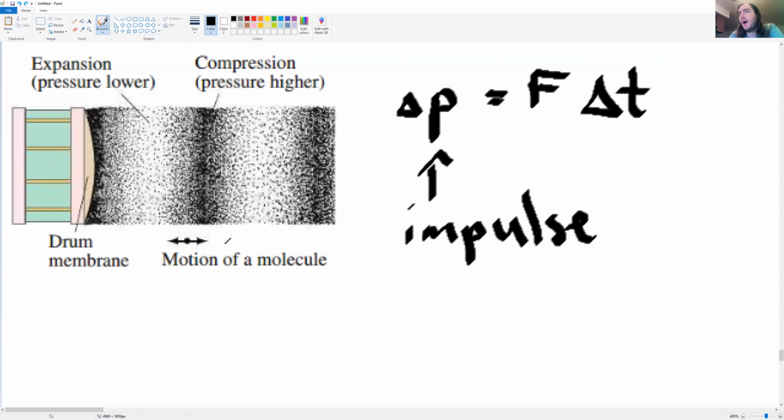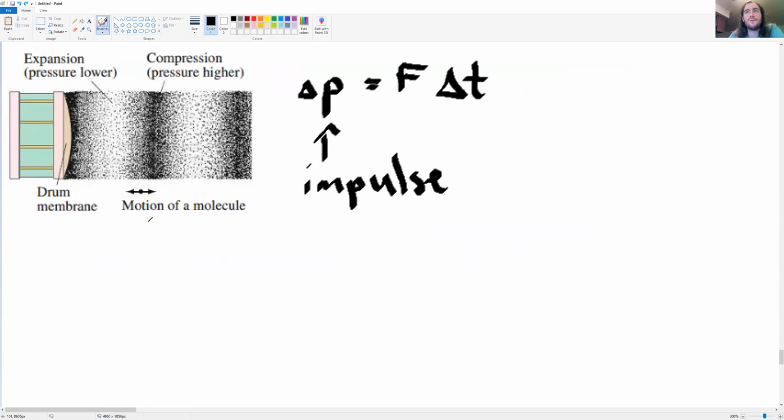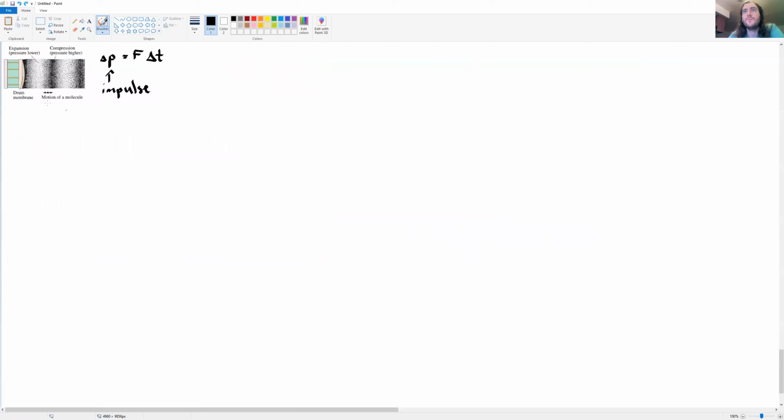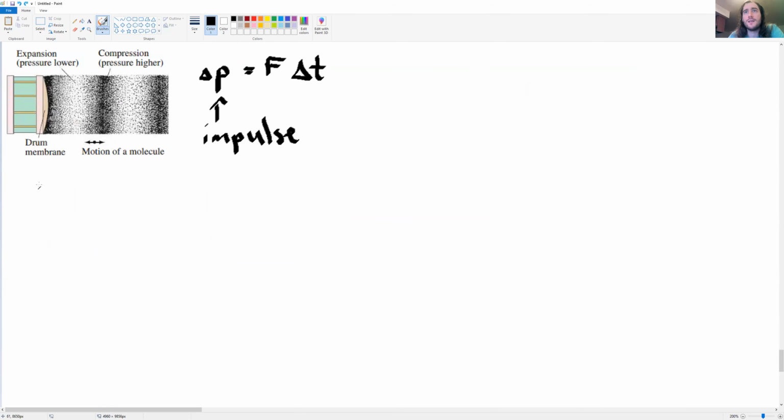We can actually plot the pressure as a function of this x direction, let's say here. And that would look like the following. So maybe I'll zoom in one more, it's a little bit easier to see. If I put pressure on my y-axis and position on my x-axis, then I see a region of high pressure here, and then low pressure here.